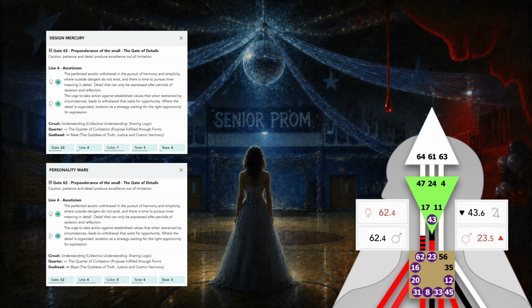His writing is famous for the accumulation of small, precise, ordinary details, the brand name of the beer on the counter, the specific sound a screen door makes, the way a character's shirt is tucked in. Those details are not decorative. They are the mechanism through which his logical mind translates its perceptions into language other people can process. Mercury on this gate means the communication of detail is not an afterthought.